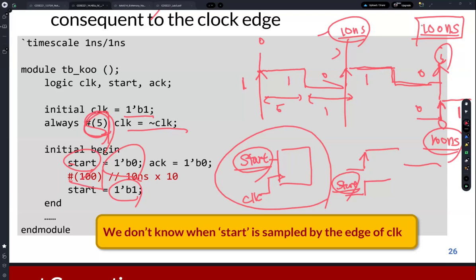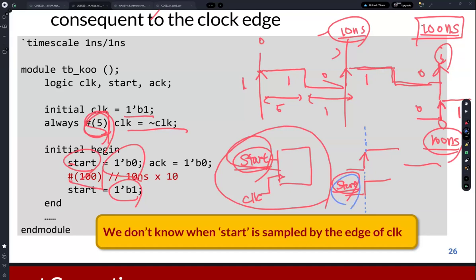Using a D flip-flop, we sample input values, but what is the sampled value on the rising edge of the clock? Actually, we don't know.